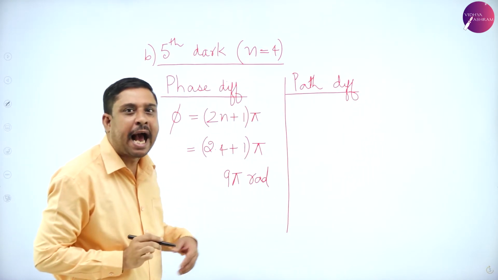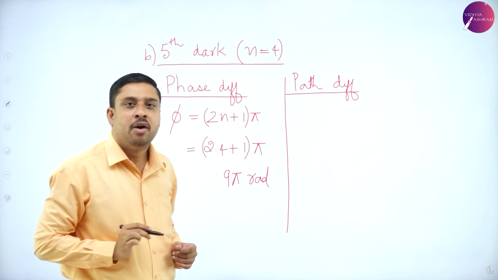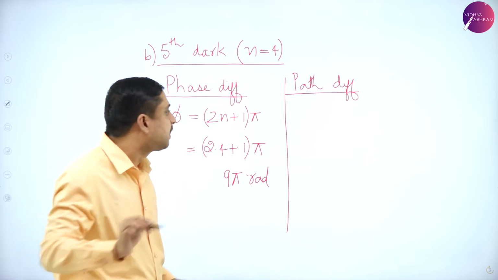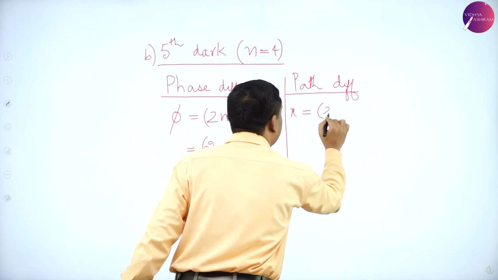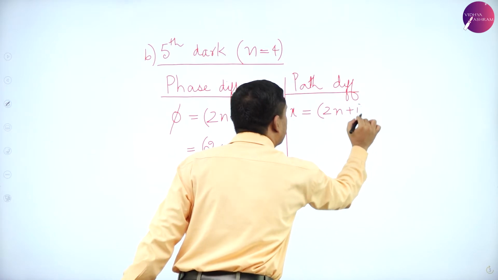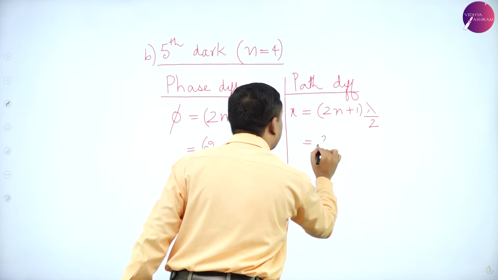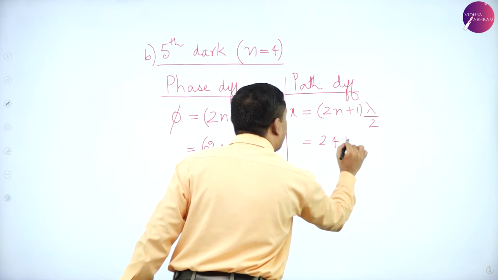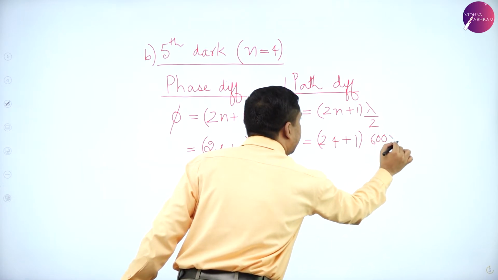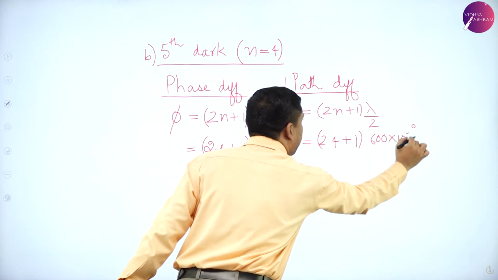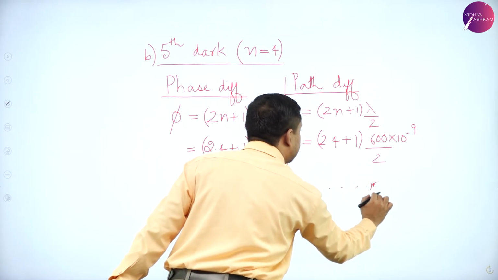So I have calculated the phase difference. What will be the path difference? X equals 2n plus 1 lambda by 2, or 2 into 4 plus 1, 600 into 10 power minus 9 by 2, so many meters.